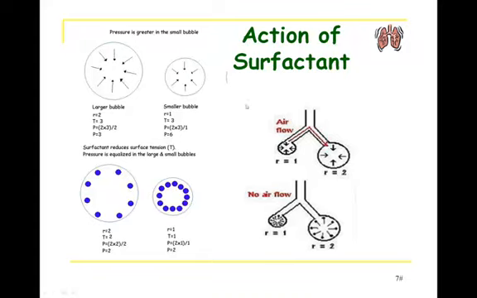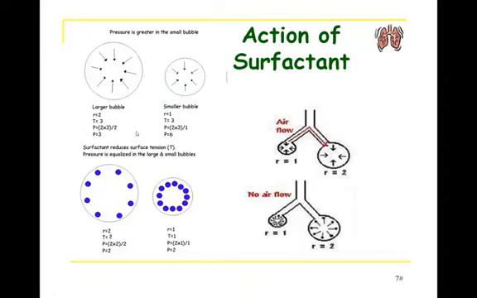So I want to show you another role of surfactant besides reducing surface tension. What you have here, you have a big bubble and your small bubble. So it's a large alveolus, small alveolus. What surfactant does is it reduces the surface tension. And this equation right here, they call it the law of Laplace.